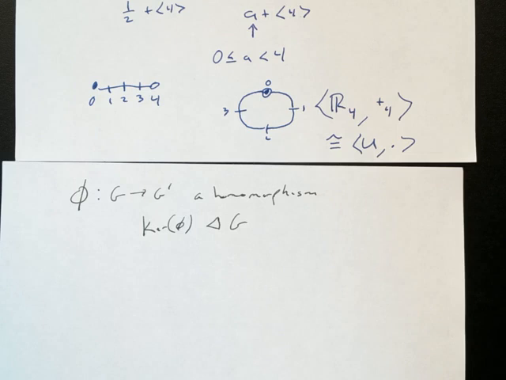Is there a homomorphism from the integers to something whose kernel is NZ? Is there a homomorphism from R to something so that the kernel of that homomorphism is the subgroup generated by 4?